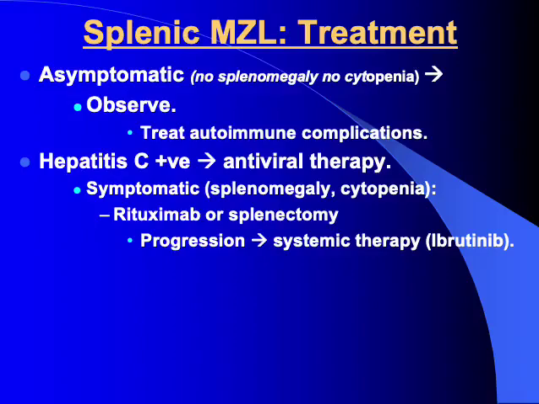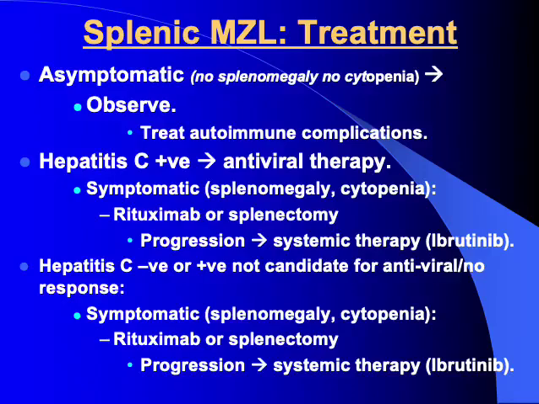However, symptomatic patients, splenomegaly and cytopenia, those we may treat with rituximab or splenectomy. For progressive disease, we use systemic therapy such as oral treatment ibrutinib. This is a non-chemotherapy drug.